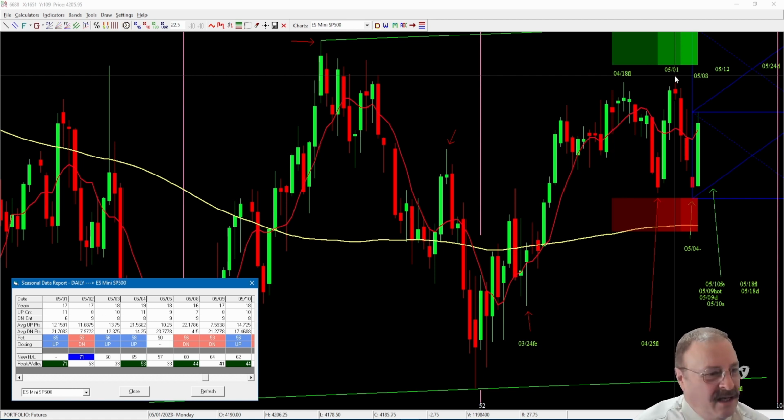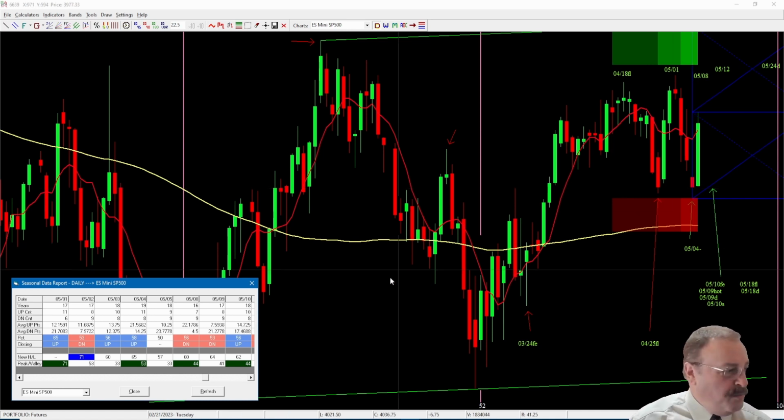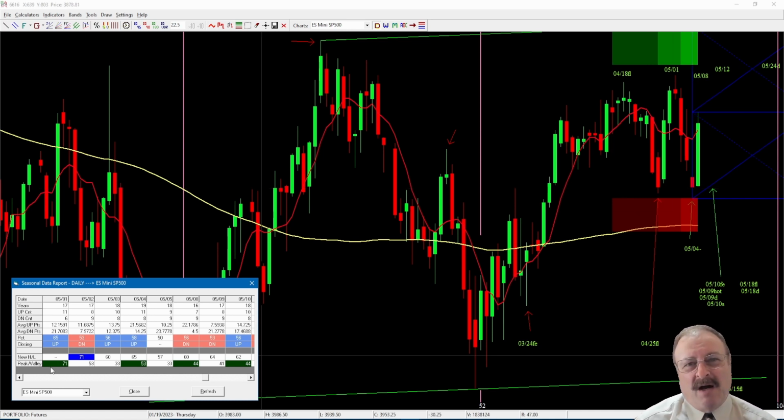Probably no one else uses that. I don't know. And I call this a valley, but it's a swing bottom. So peak, valley, swing top, swing bottom. 5-1. Then you notice here it goes over till 5-4 before we get the next peak valley. Pretty good, huh? 5-1 and then 5-4. And then look what follows.